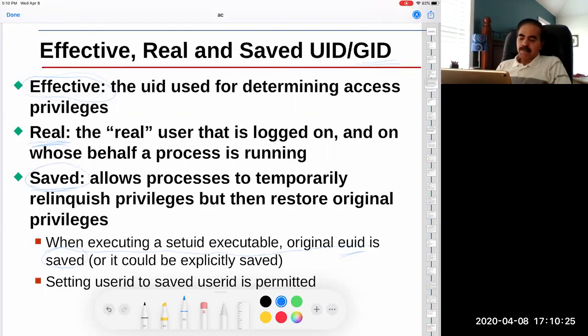Okay. So it's useful to think about how login works. In order to log in, there is typically a process called login, LOGIN.